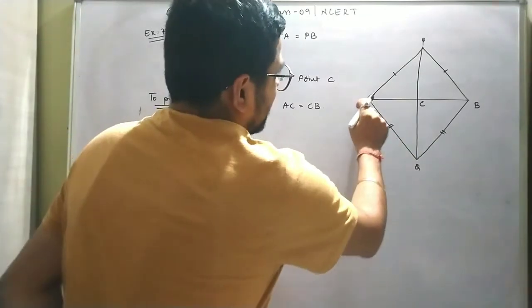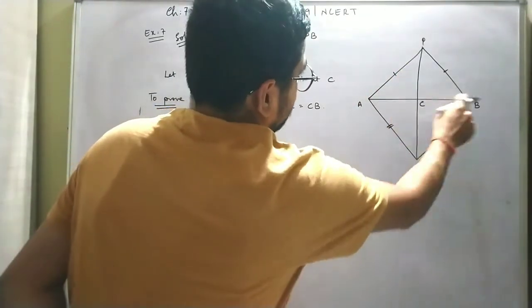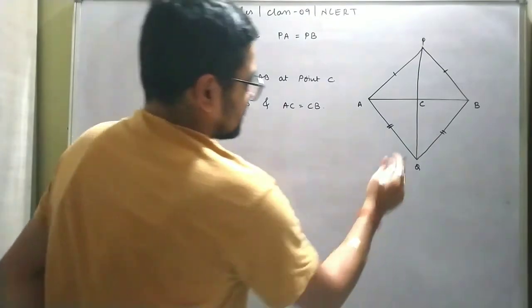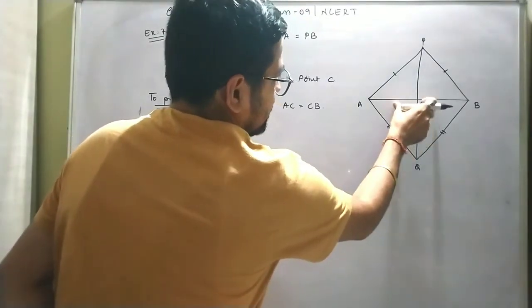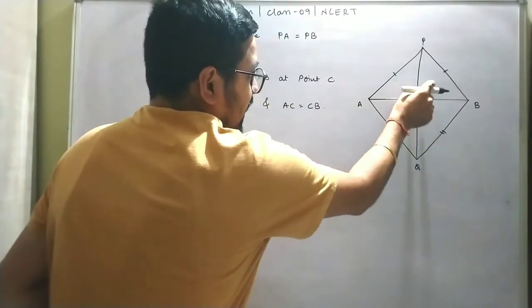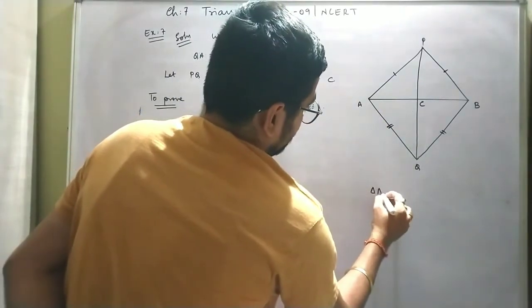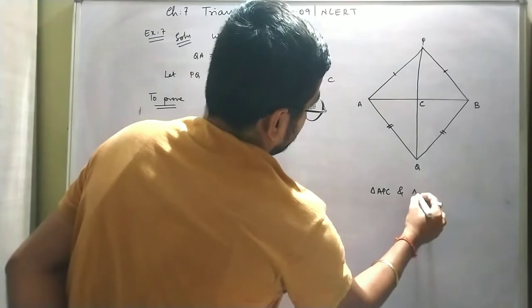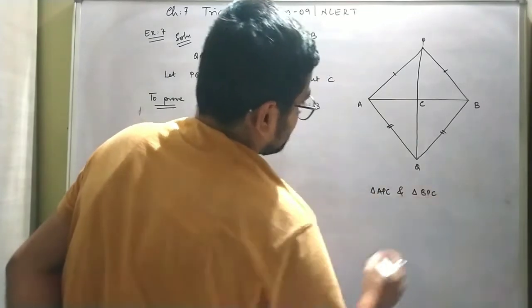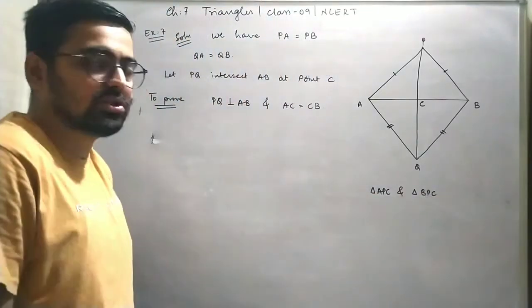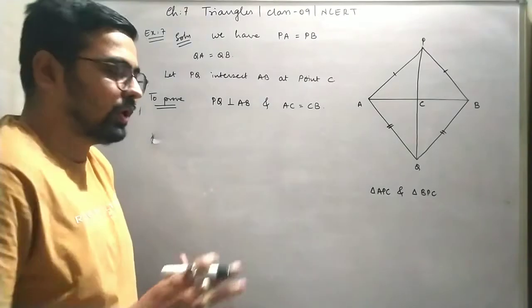I can consider triangle APC and PBC. Just think like this. We want to make these two equal, this two side AC and CB, and we want to get this two angle 90. So somehow I need to solve this two triangle APC and BPC. Correct?